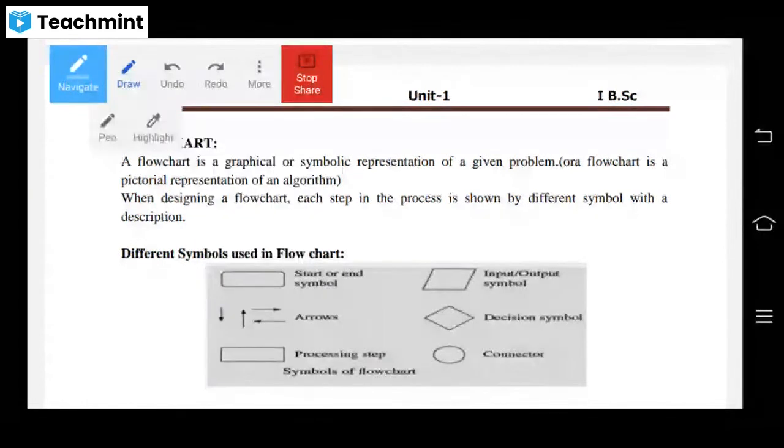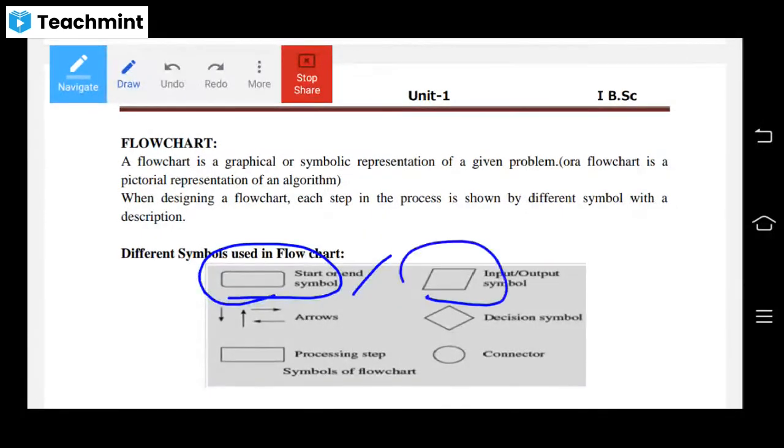In an algorithm we must start, so here we use this symbol as the start symbol. The parallelogram symbol is used for the output symbol.